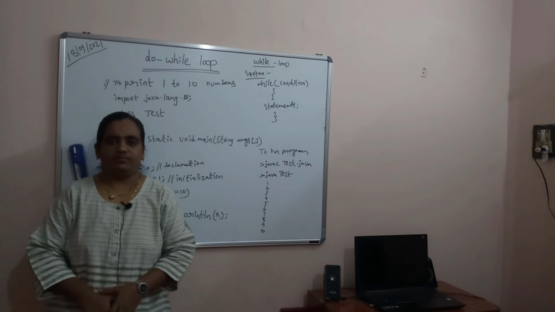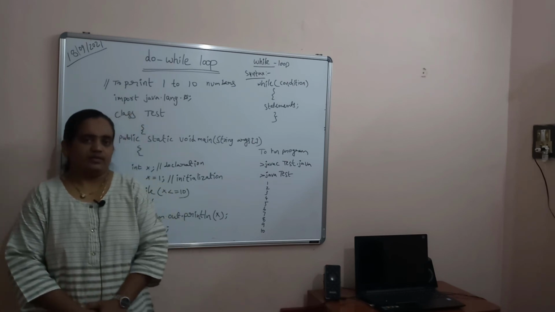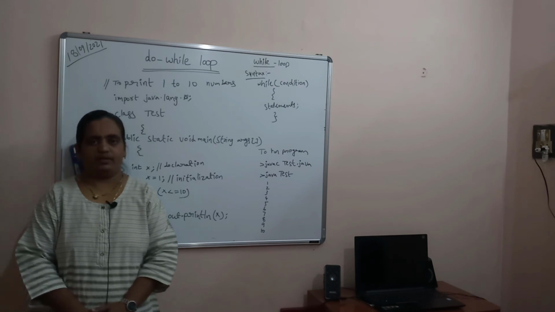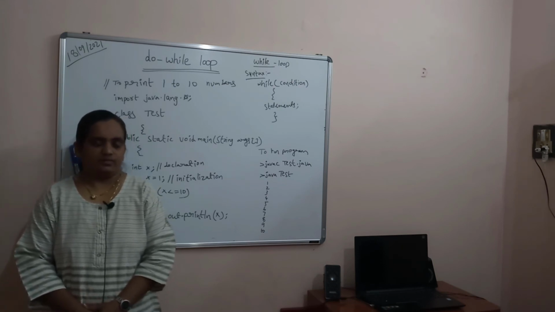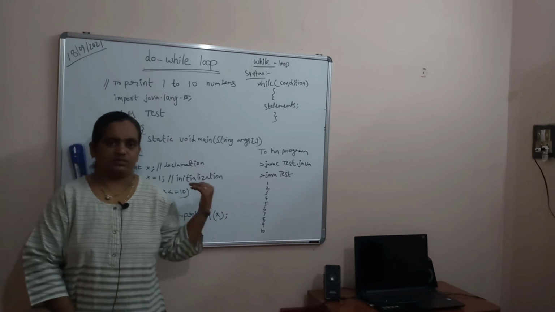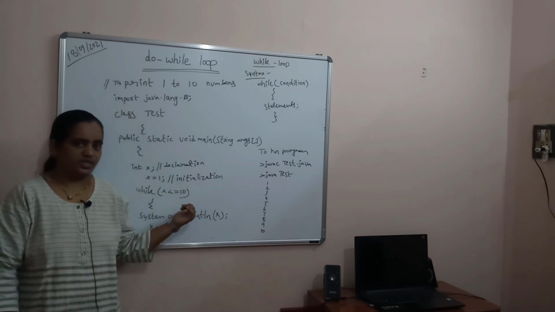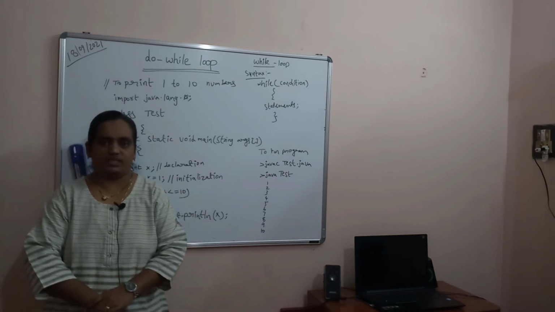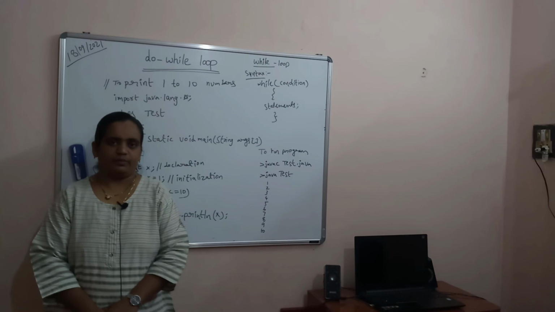Which one is the best? Compared to do while and while loop, the do while loop in the first step, without checking the condition, prints the x value. Then coming to the while loop, it first checks the condition, then prints the x value.